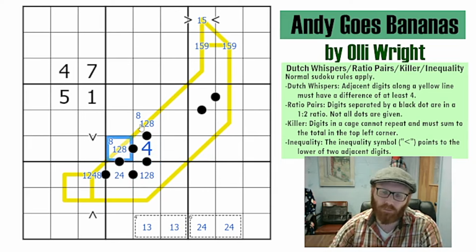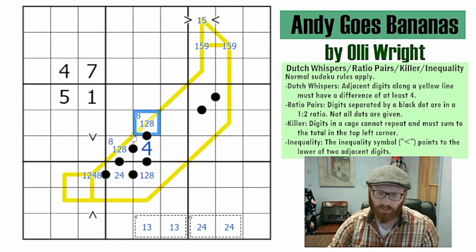Now, we can continue this logic down here, because let's say that was an 8. If that was an 8, this would be a 1 or a 2, and this had to be high. If that's high, this is high, and it would have to be an 8. If this was low, that has to be an 8, which means one of these is going to have to be an 8, so that is also a 4.